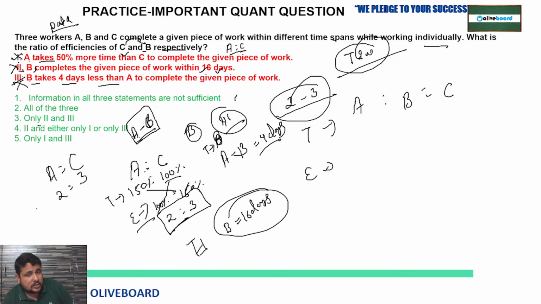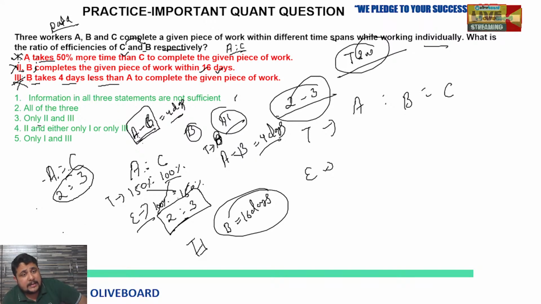So B takes 4 days less. So A minus B equal to 4 days. This is what is given. So in the first, the efficiency ratio of A and C, and in the third, A minus B time difference is given. So by this, can we solve? No, because in the first statement the A to C relation is given, in the third statement the B to A relation is given.